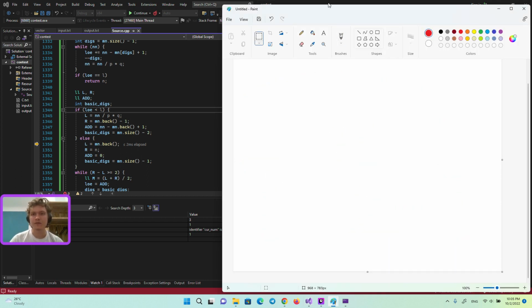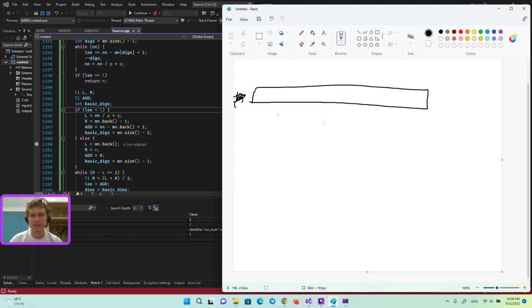So we have some sort of minimum number with n digits. What do we do if we have it with k digits? Minimum number with k digits. What do we do with it?